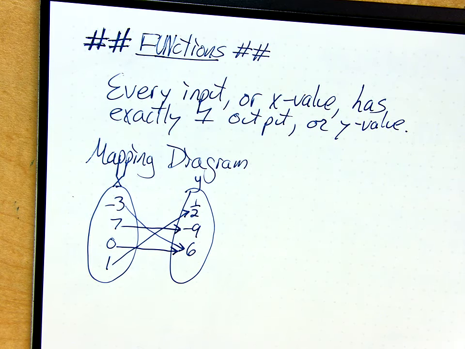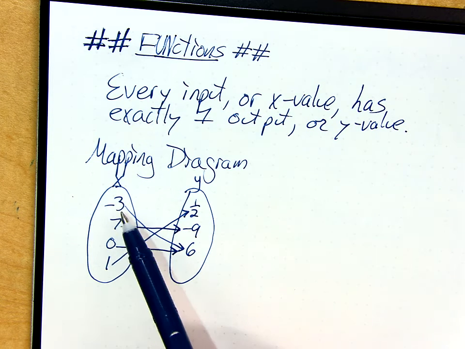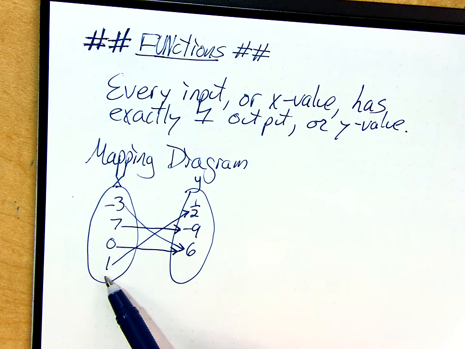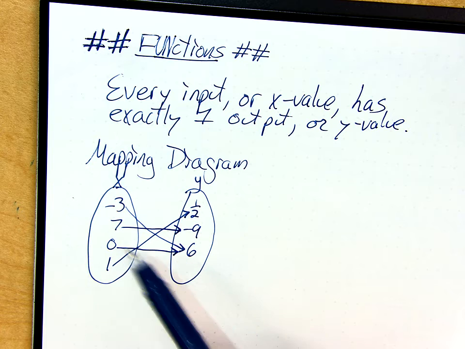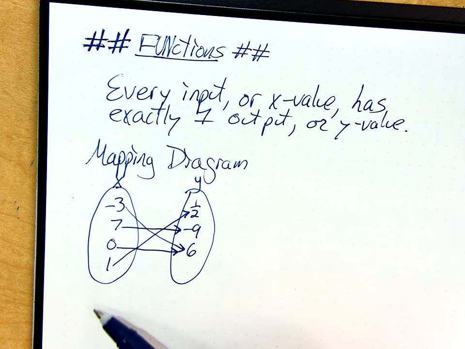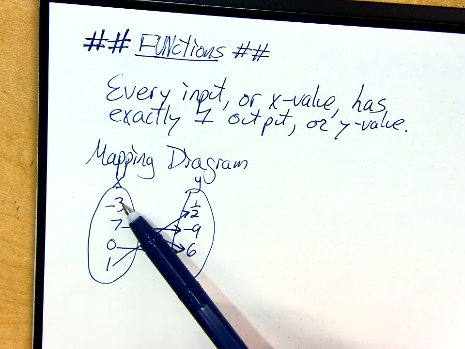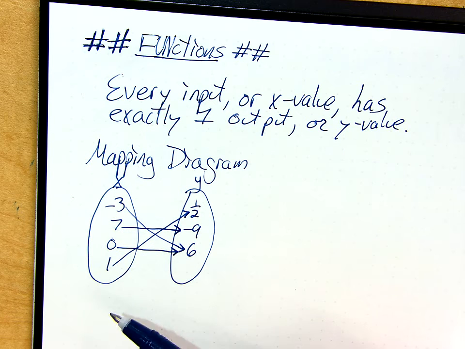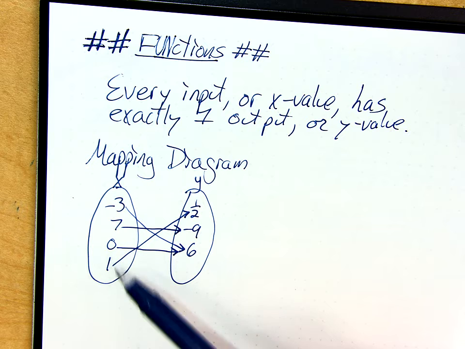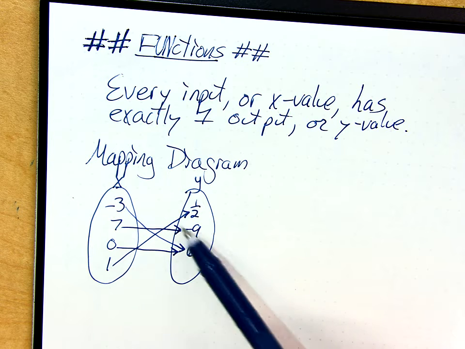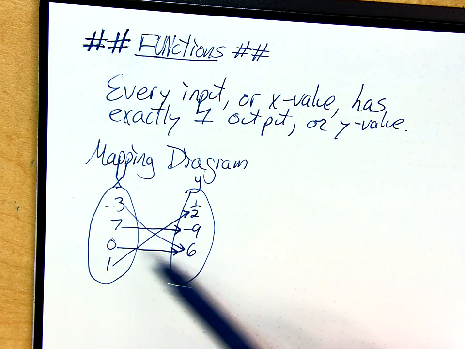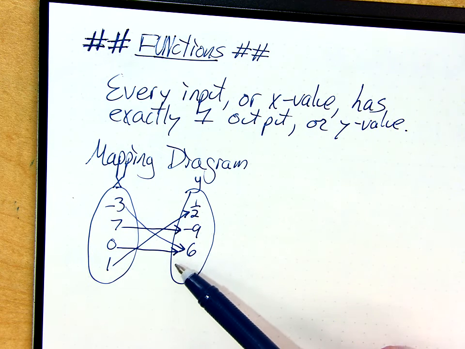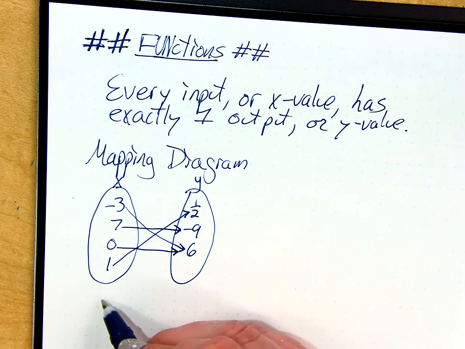This does represent a function because everything in the x section only goes to one thing in the y. So in other words, if each of you were represented here, right? So if this were Pablo, this were Juliana, this were James, this is Tyler, they only have one age. It just so happens that these two are the same age. That's fine. Right? That can totally happen. So yes, this is a function.